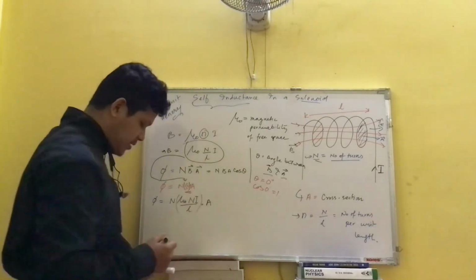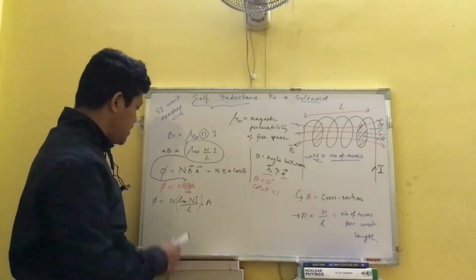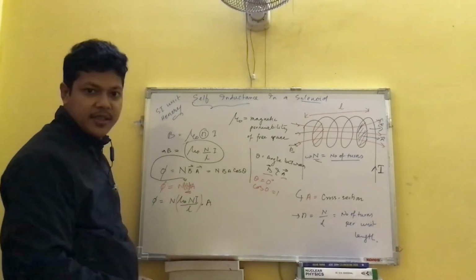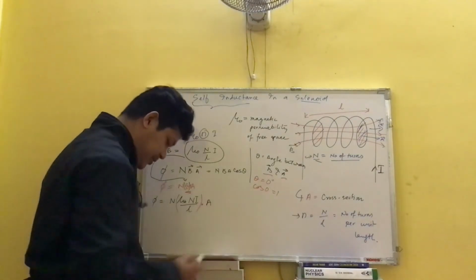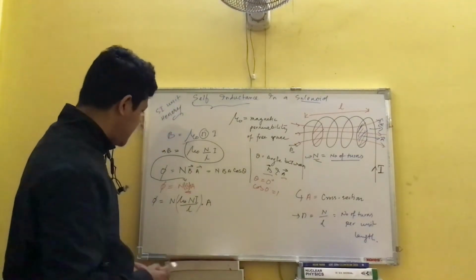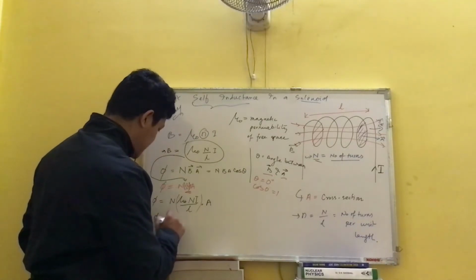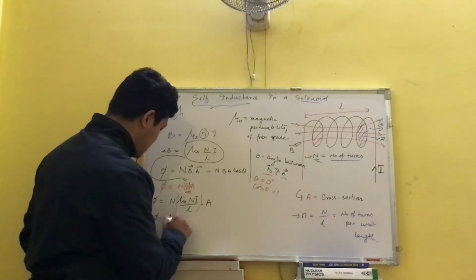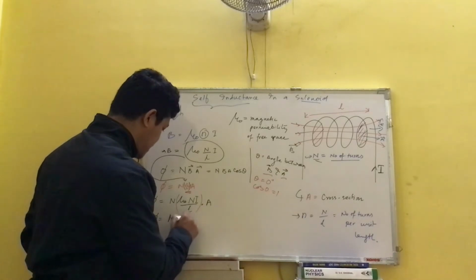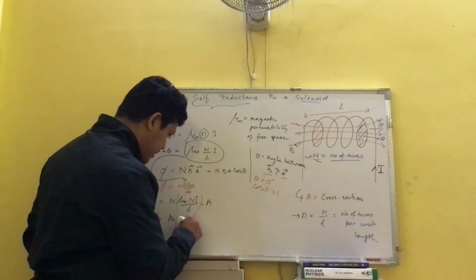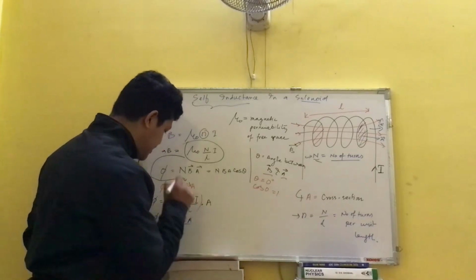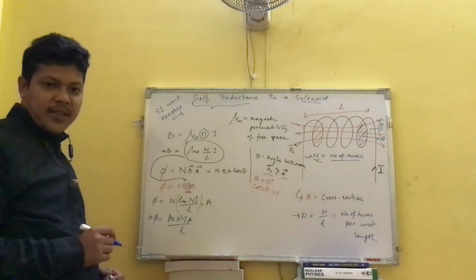This is I, which gives n square. That's going to be phi is equal to mu naught n square I A by L. So this is magnetic flux.